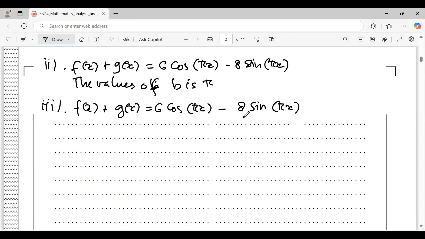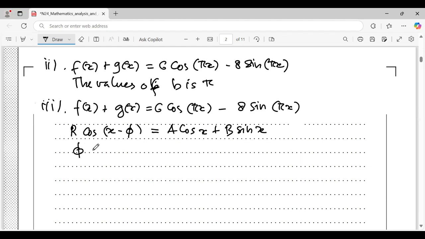So according to the standard form of linear combinations of sine and cosine, r cosine(x minus phi) equals a cosine x plus b sine x.